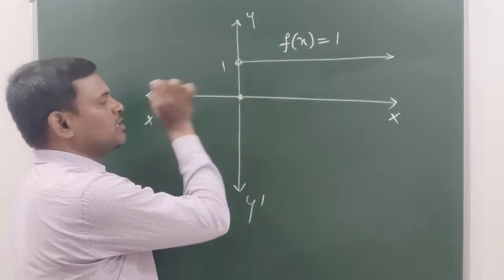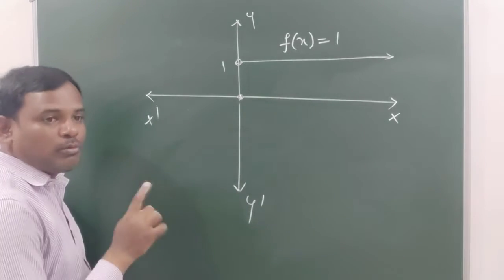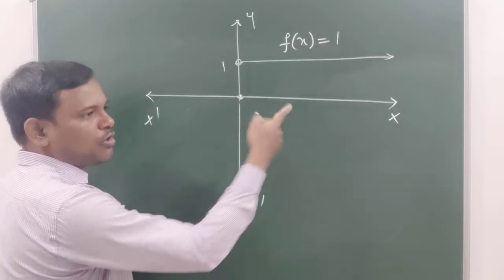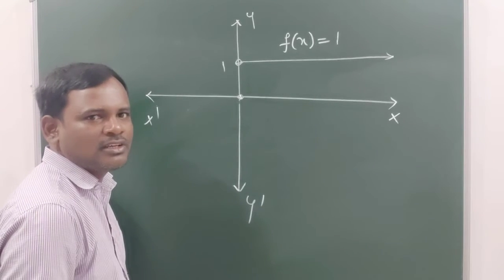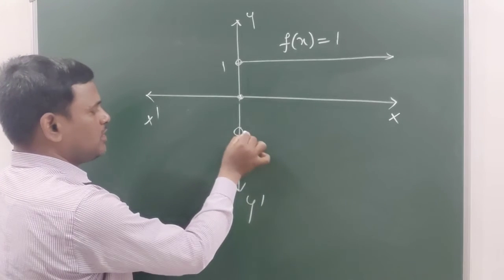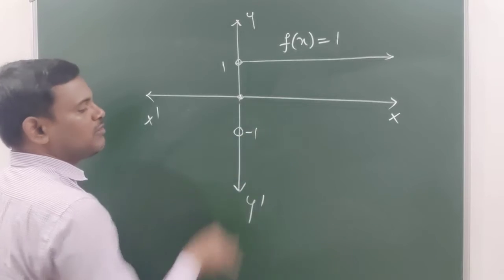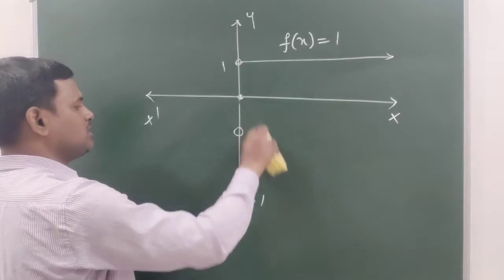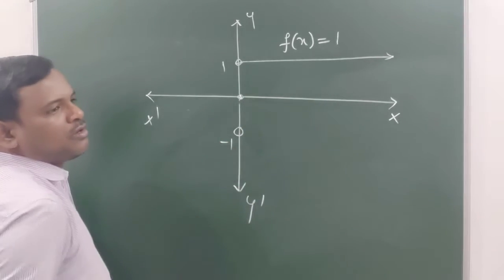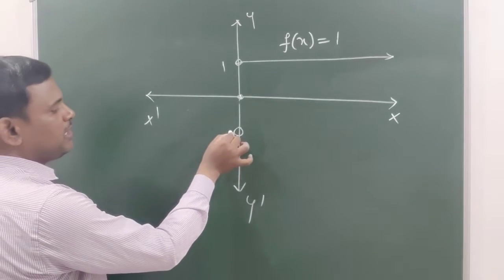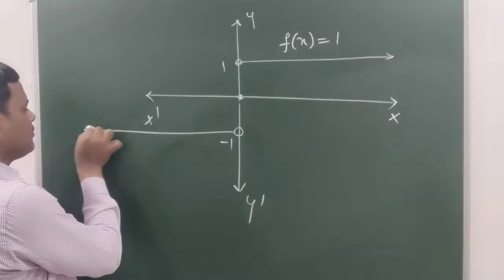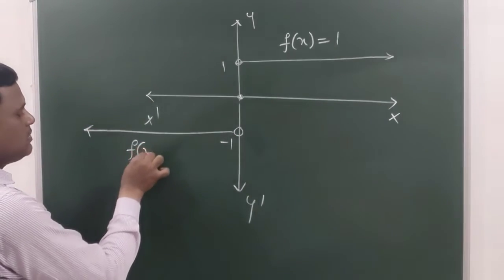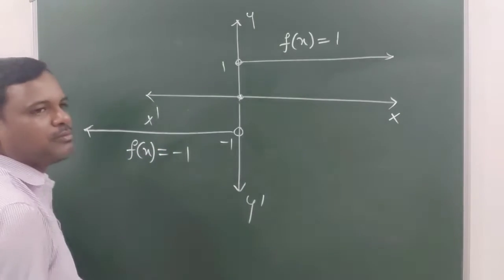Next, if the domain is negative, how much range have we got? Minus 1. So take minus 1 on the y axis on this side, and the corresponding range is minus 1, f of x equal to minus 1.